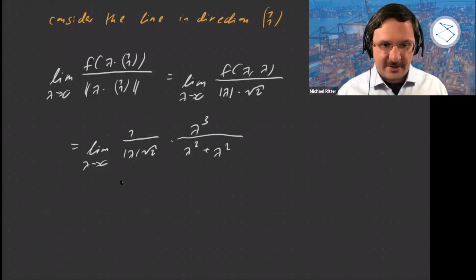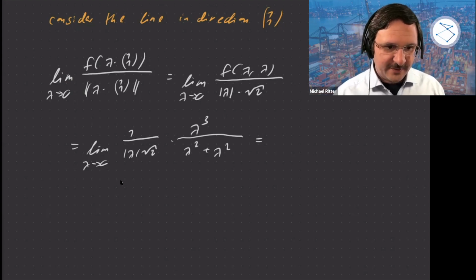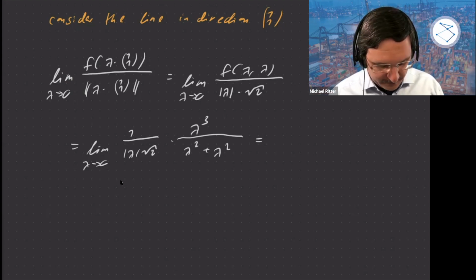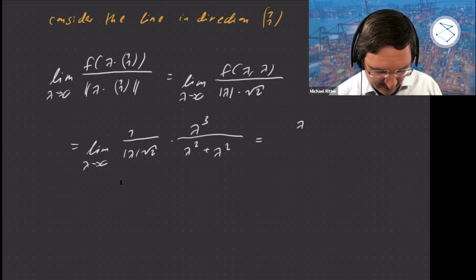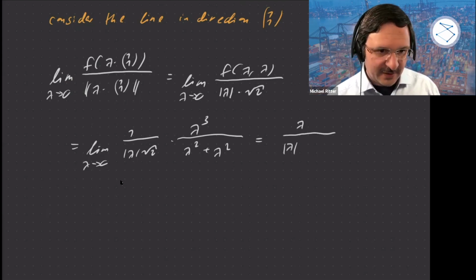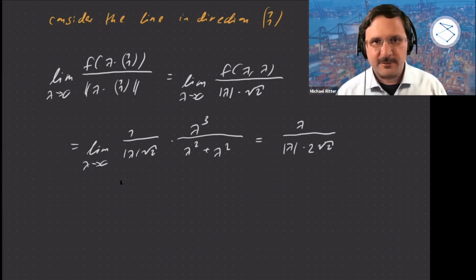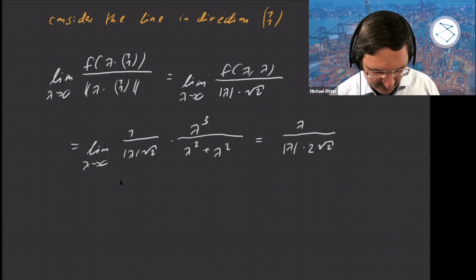So obviously we can cancel out a lambda squared here. And we are getting lambda over the absolute value of lambda times 2 square root of 2. And again, I forgot the limit.